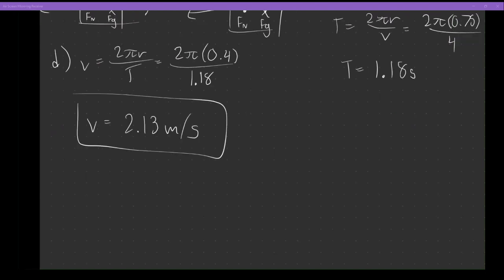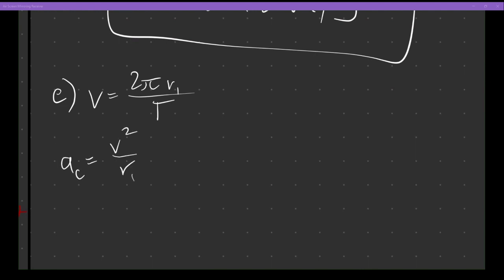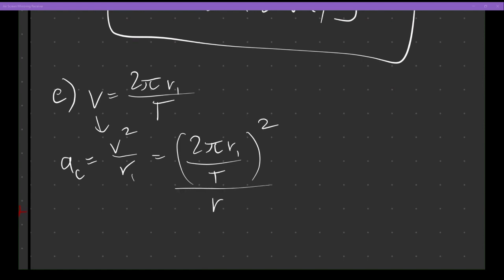Alright, going on part E, I'm going to zoom in a little bit, save some space. Part E asks for the centripetal acceleration. So the first thing I want to do is set up V, which is just 2 pi r1 over t. And I know that centripetal acceleration is equal to v squared over r. I can just plug it in here. So it's just 2 pi r1 over t squared over r1.